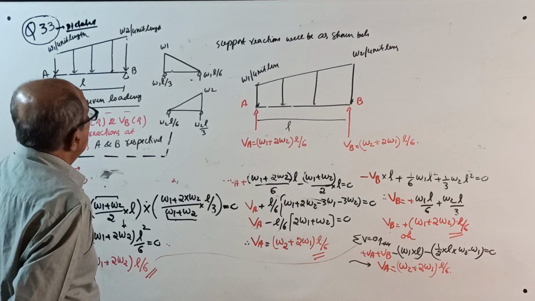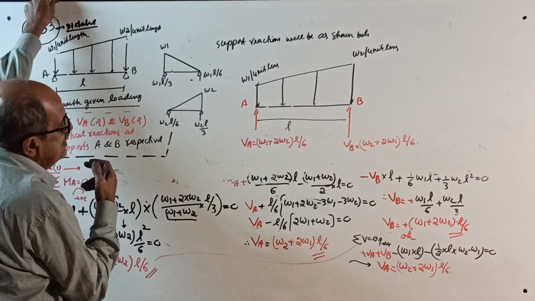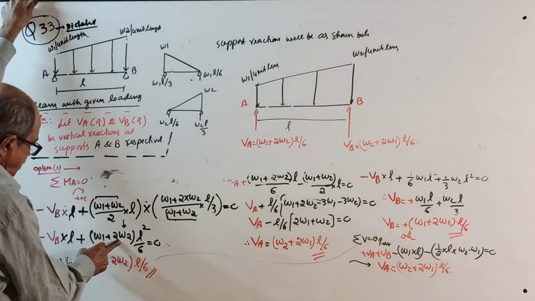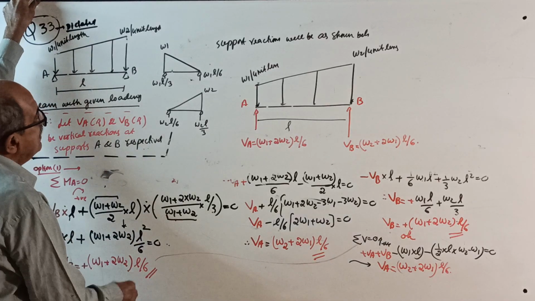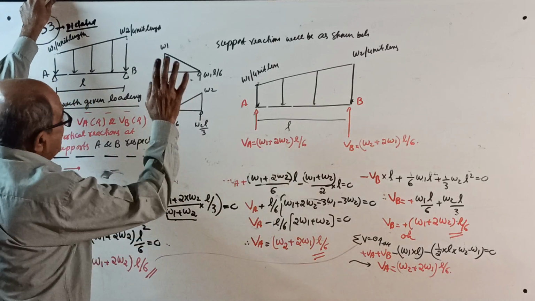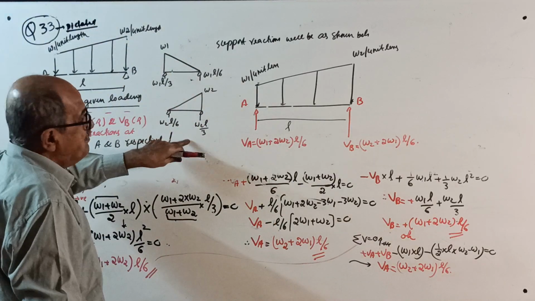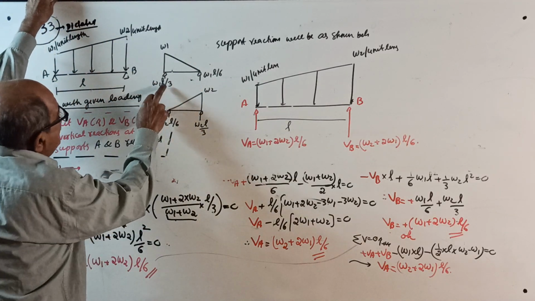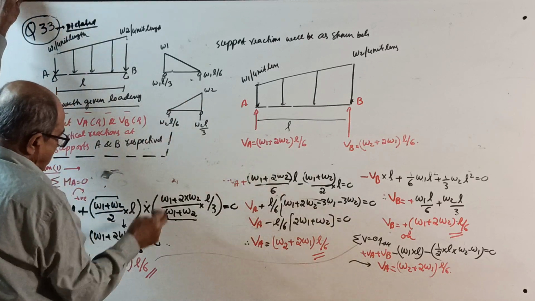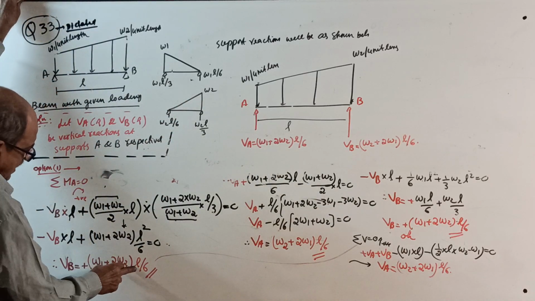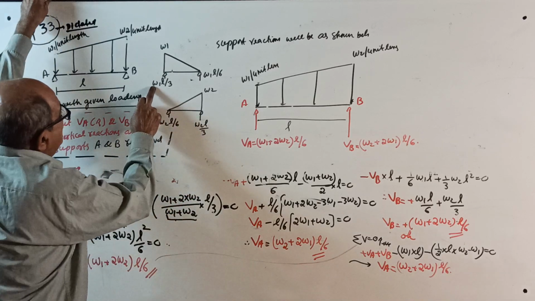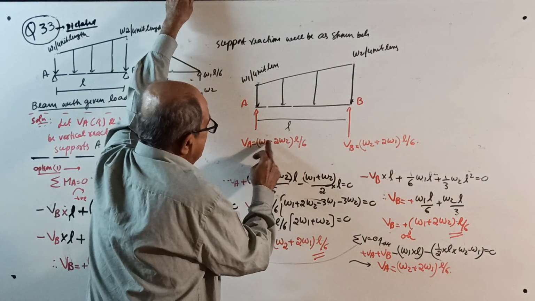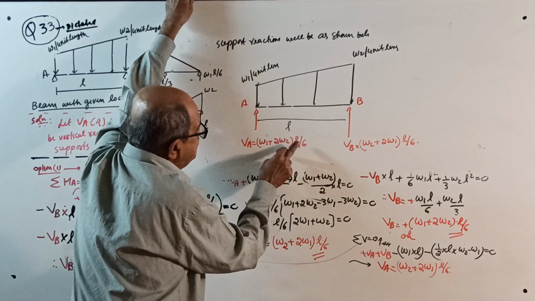W1 here, W2. I think it is interchanged by chance. Have I interchanged it? W1 plus 2W2 into L by 6, VB. Okay, now if this is the way it is explained, then for this reaction, W1L by 3 plus W2L by 6, and here W1L by 6 plus W2L by 3.